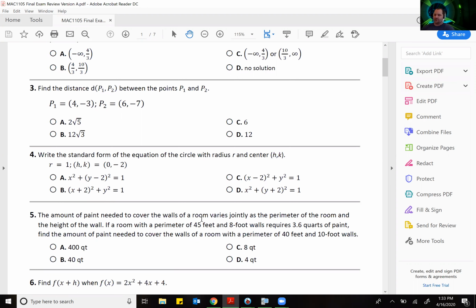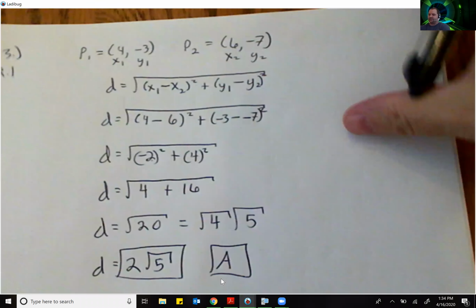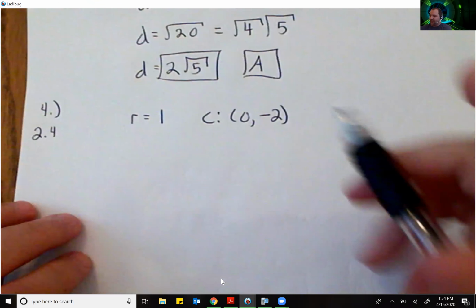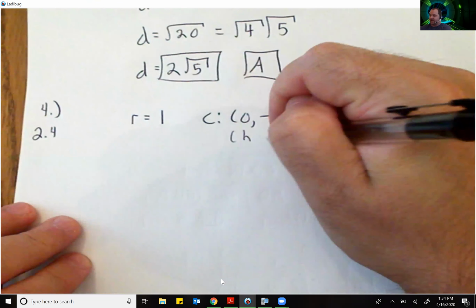They're telling us that the radius is 1 and that the center hk is 0 comma negative 2. Okay, so this is the problem that we have. Remember, this is H, this is K.